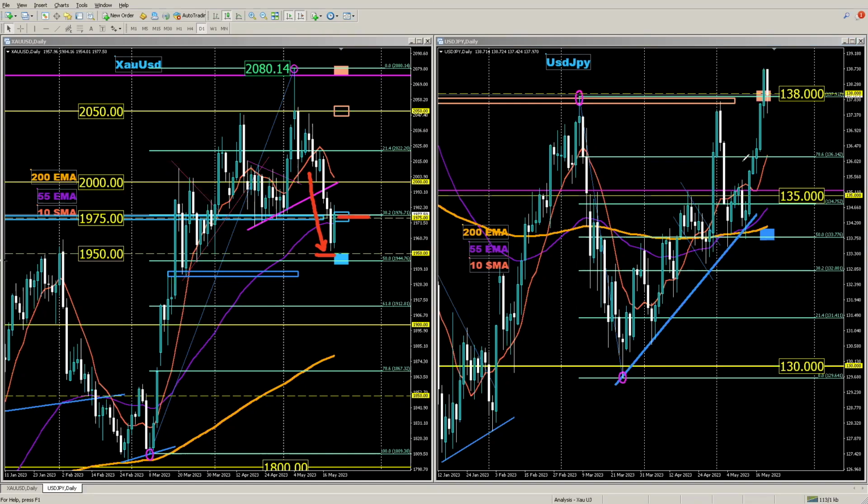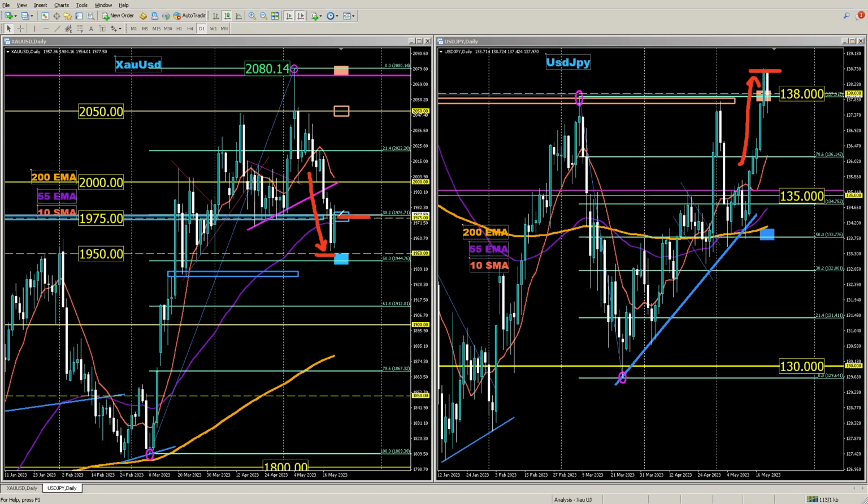Inversely correlated, the dollar yen continued its bullish momentum right through the 138 round figure, but on Friday it pulled back into the 138 area with comments from Fed Chair Powell.